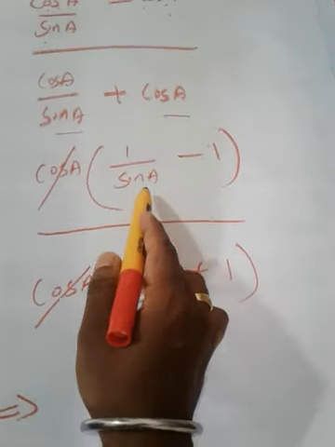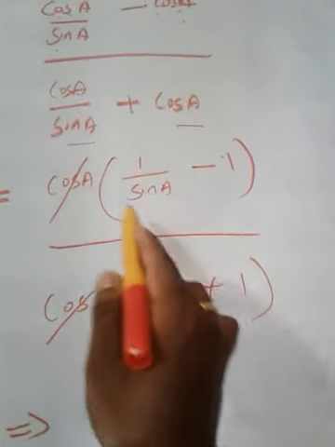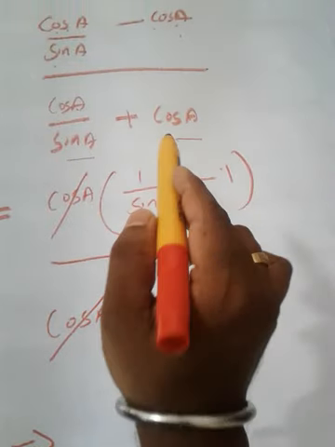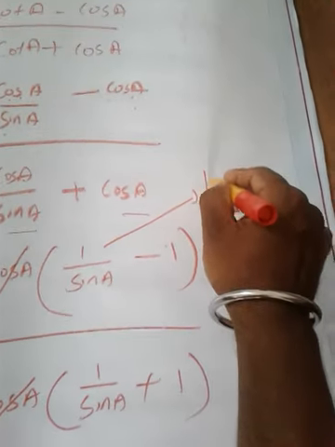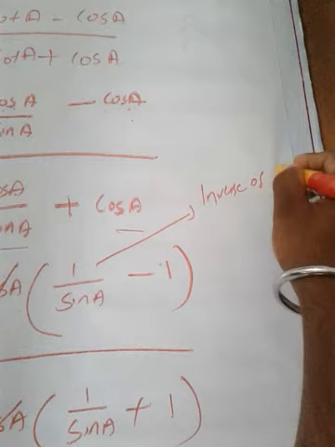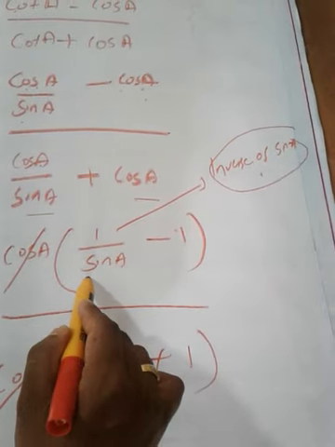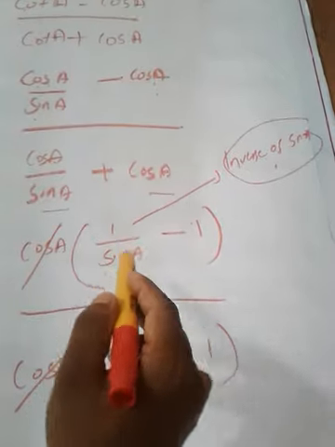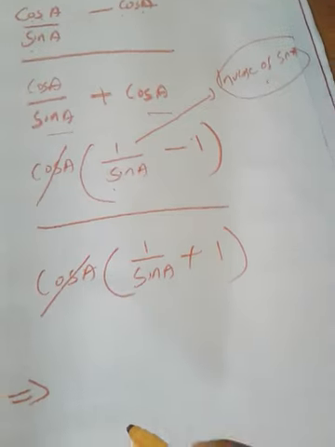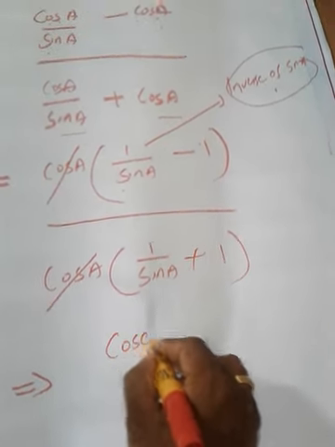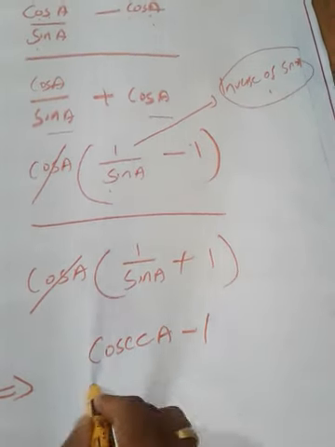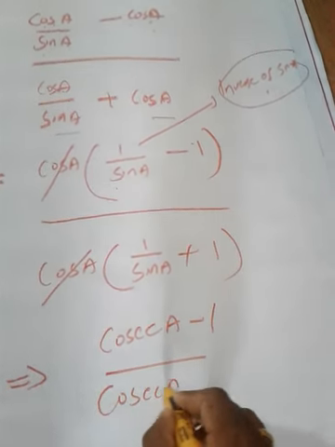What is 1 by sine A? What do you mean by 1 by sine A? 1 by sine A is nothing but the inverse of sine A. What is the inverse of sine A? Cosec A. So 1 by sine A you can replace as cosec A, so we get cosec A minus 1 divided by cosec A plus 1.